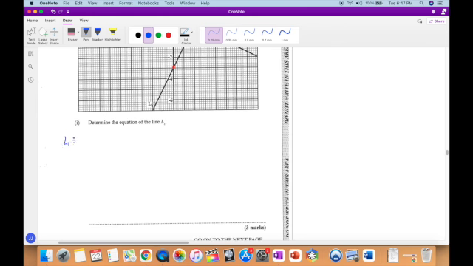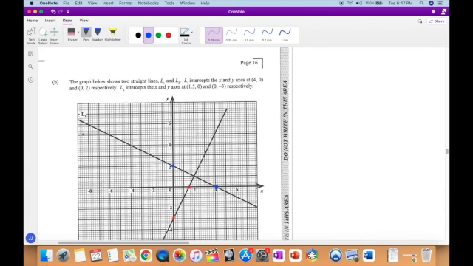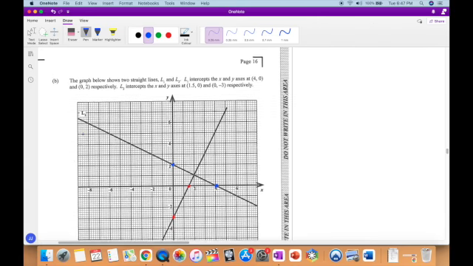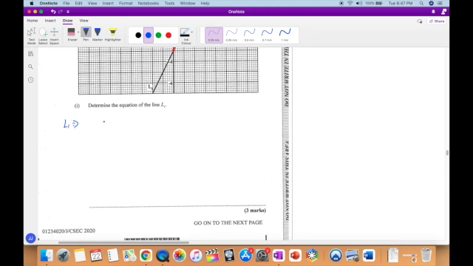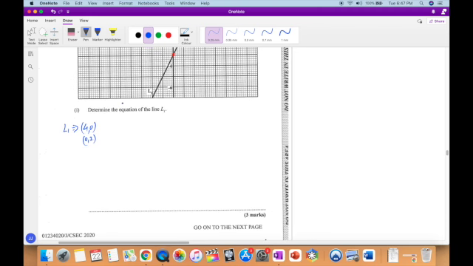L1 implies, what are the 2 points for L1? 4, 0 and 0, 2, right? So I have 4, 0 and I have 0, 2. Nice. And now I will say, recall y is equal to mx plus c, right?